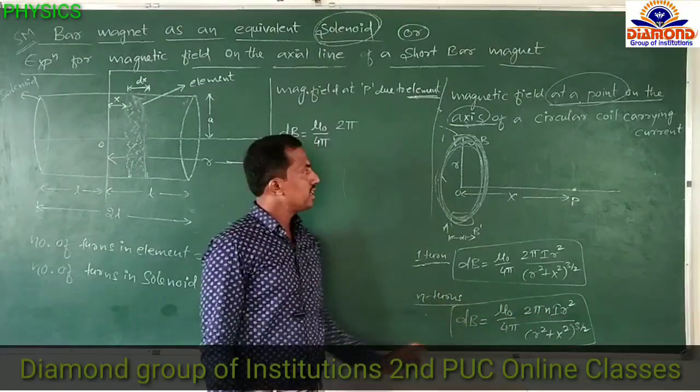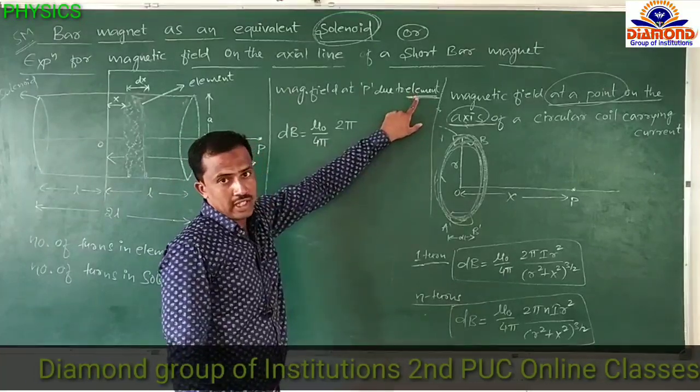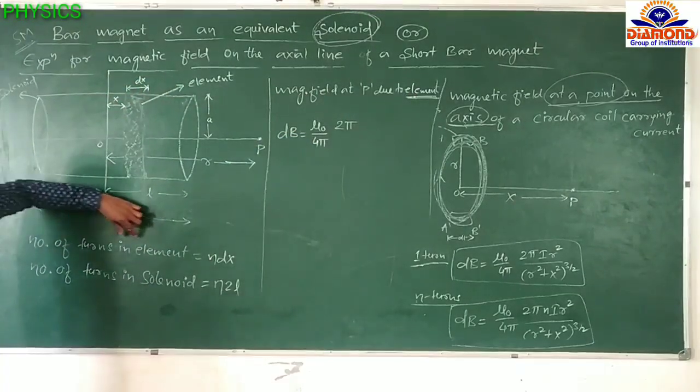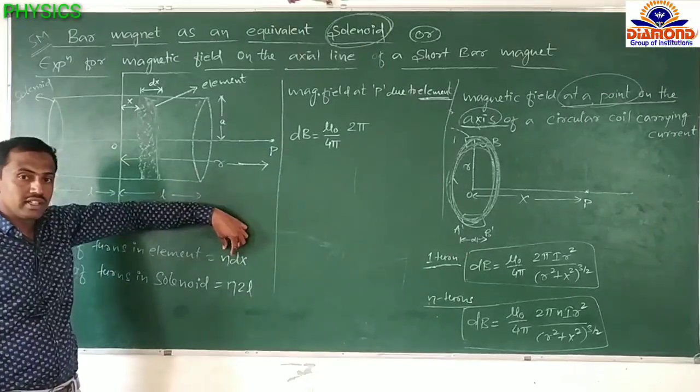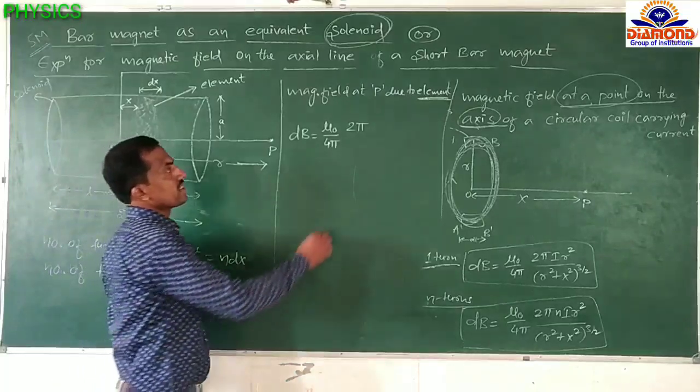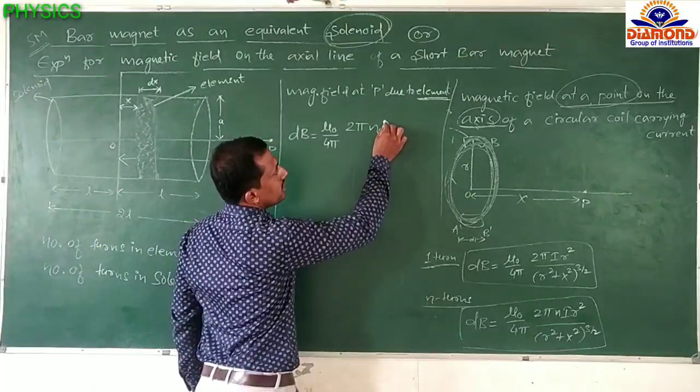Then, we are discussing the element. The number of turns in the element is n dx.